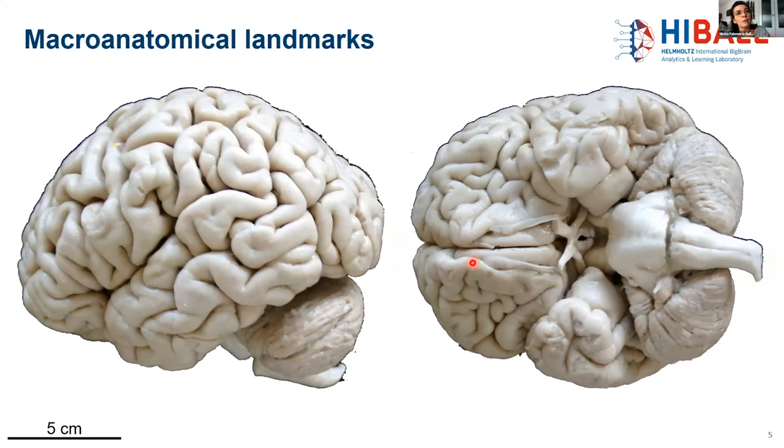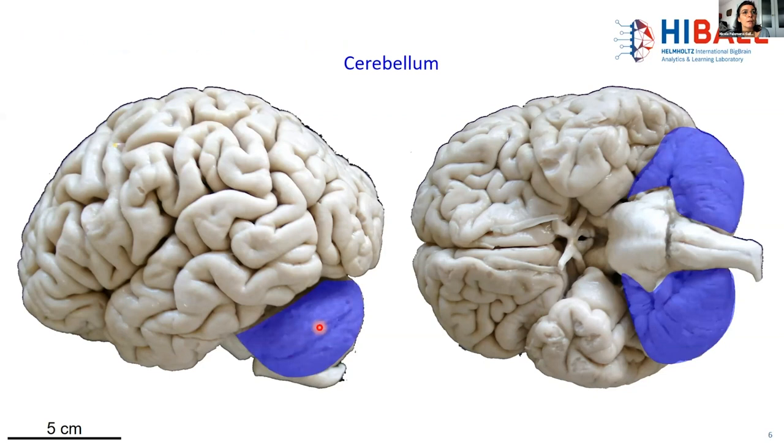Now that I've zoomed in and you've got a clearer view of these two images, it becomes clear that the surface of the brain is not smooth, it's convoluted, and some parts of it are very heavily folded, such as the cerebellum, the part of the brain that I'm now highlighting in blue. Other parts are less convoluted.